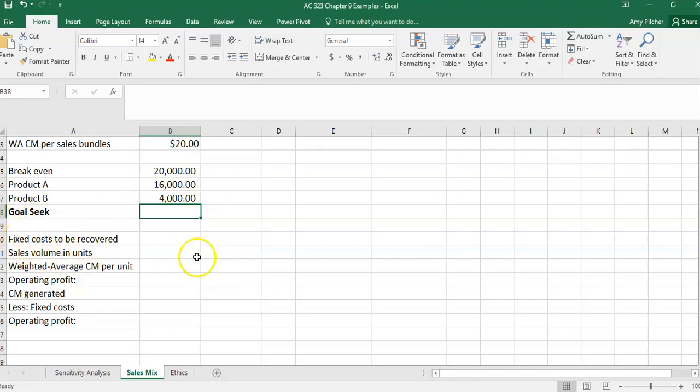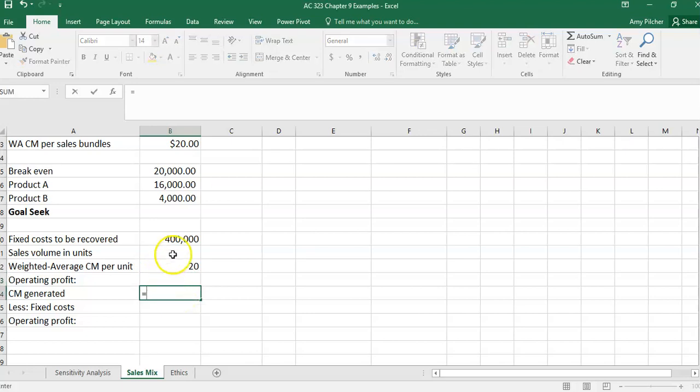We can use Goal Seek to do that also. We have 400,000 in fixed costs. We need to determine our sales volume in units to break even. We know that we have a $20 weighted average contribution margin per unit. Our contribution margin generated is the number of units times the contribution margin. Our fixed costs are 400,000, and our operating profit is contribution margin minus fixed costs.